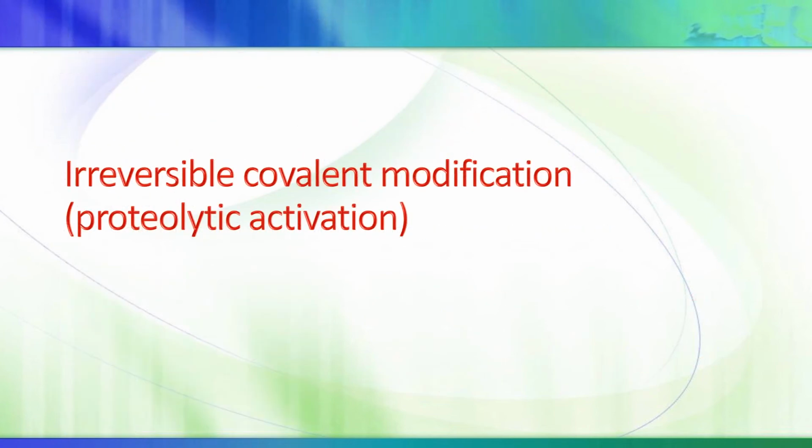Finally, we're going to talk about the last mode of regulation, which is irreversible covalent modification. Pay attention that the previous mechanisms are reversible. Whether we're talking about phosphorylation, adenylation, or GDP exchange, these are all reversible. Now we're going to talk about irreversible covalent modification.